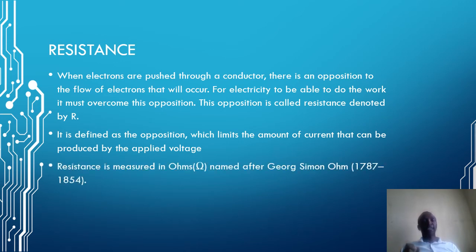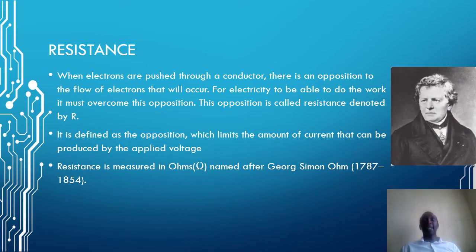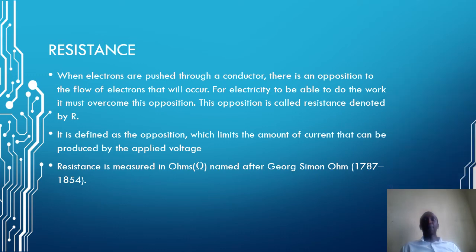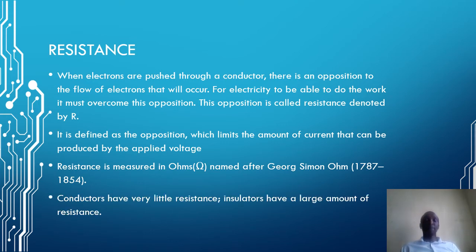Remember that the voltage is the force that forces the electrons to move in a circuit, and the current is the rate of flow of electrons per unit time. So resistance is measured in a unit called ohms, which is named after George Simon Ohm, and this individual came up with another fundamental law that we're going to look at in a short while, which is called Ohm's law.